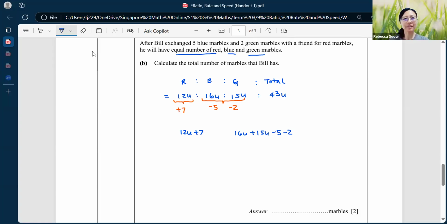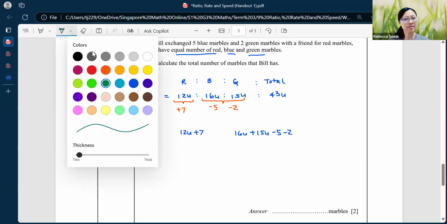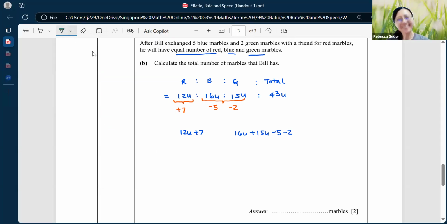Are we seeing that? Allow me to explain further. At the end of the day, you will have equal number of red, okay? 1 unit left, 1 unit at the end of the day. This is 1 unit of red. This is 1 unit of blue. And this is 1 unit of green.